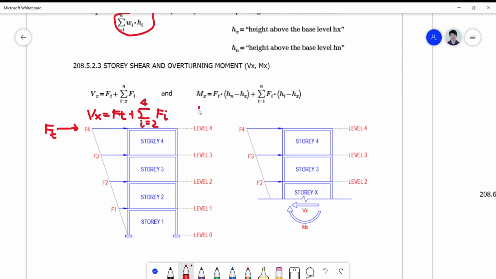While Mx now becomes simply the additional Ft multiplied by Hn. What is my Hn?